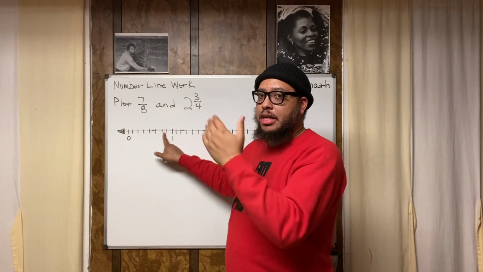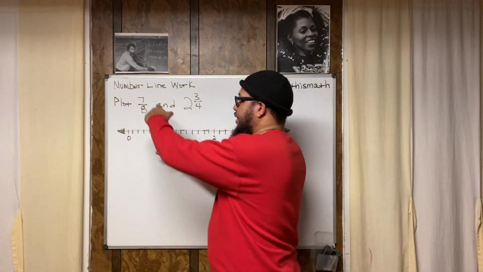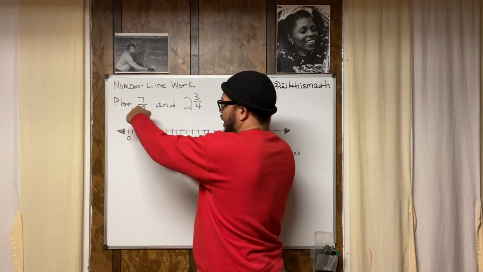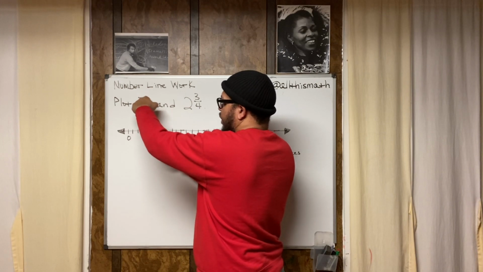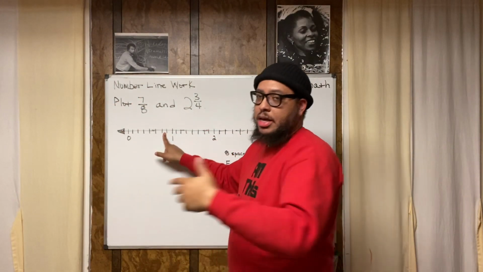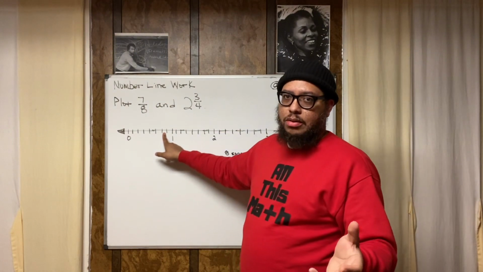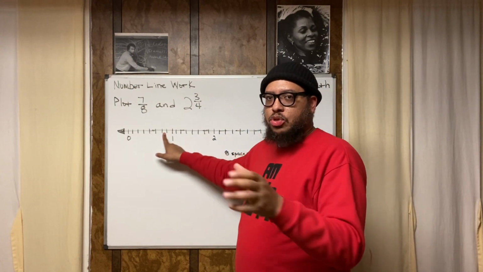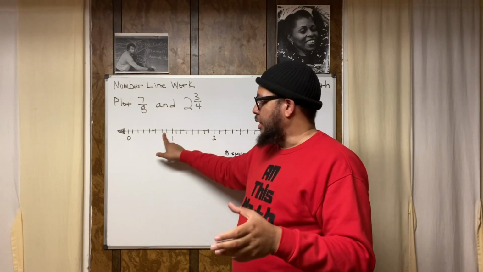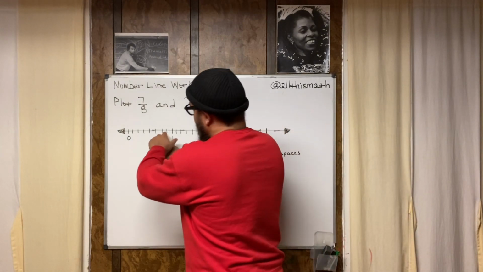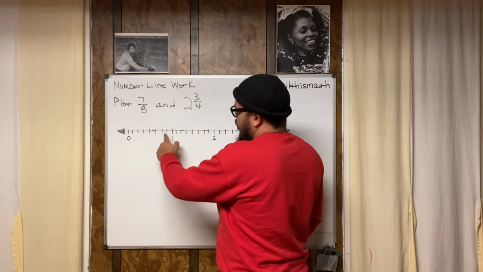How many of the denominator do you have? You got 7 of them. So that's 7/8, just like if you had $7. The denominator is really just a unit. It represents what unit you are dealing with. So 7/8 is after this space.